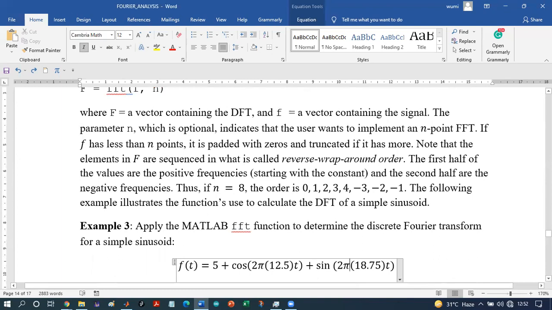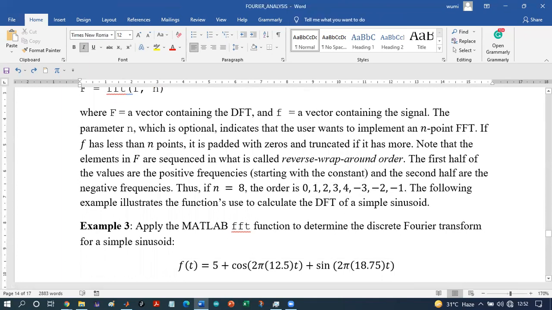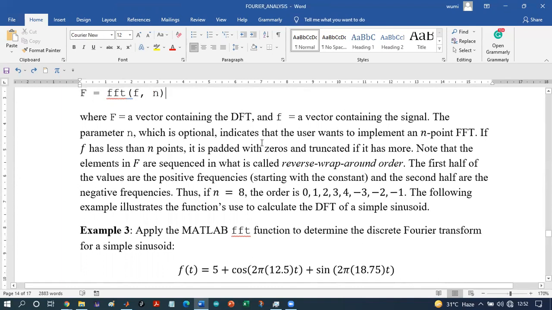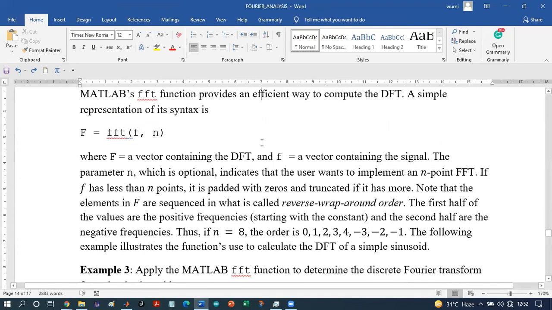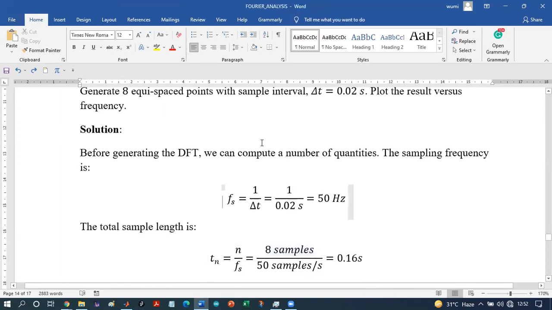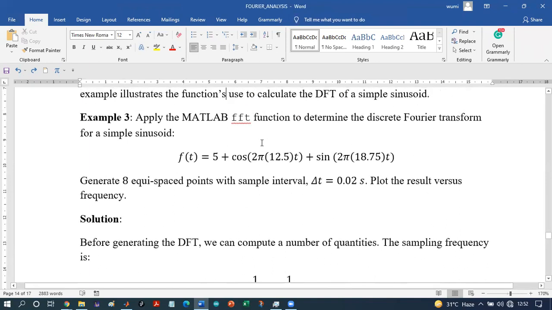There is a Matlab function that you can put directly into Matlab, and you'll be able to get the DFT. Then we are also going to do the hand calculation. So we are going to write the Matlab code to solve this particular question.